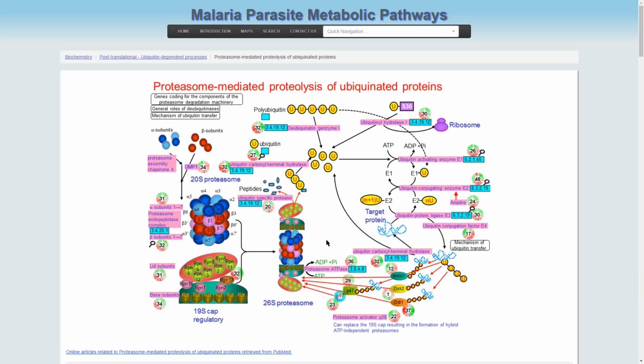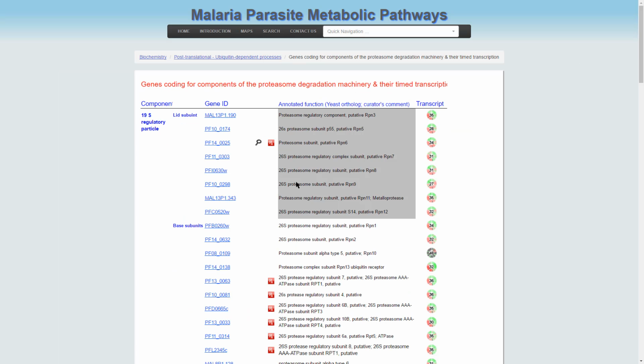Here we see all the participants, the ubiquitin activating enzyme, conjugating enzyme, and the ubiquitin ligase, the movement of the ubiquitinated proteins into the proteasome, which is made up of the 20S proteasome, the lid subunits, the base subunits, and the peptide comes in to go out as peptides and release ubiquitin for recycling.